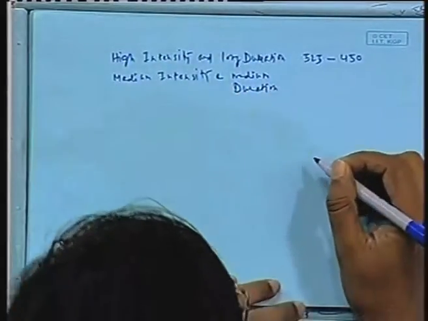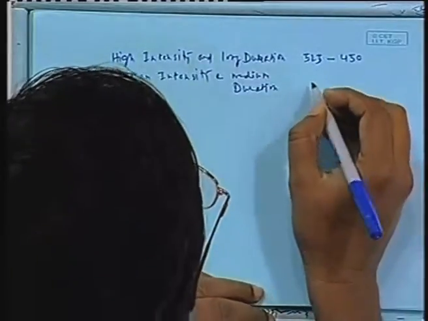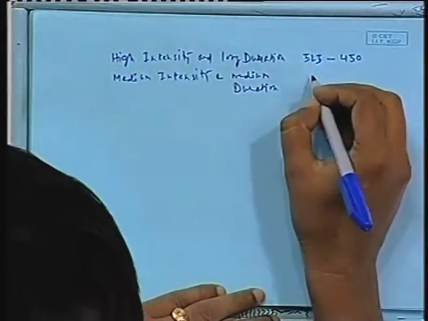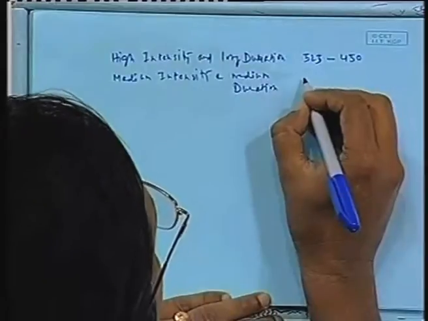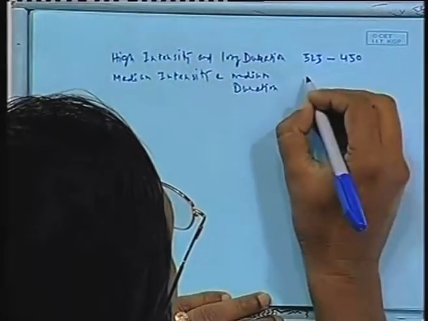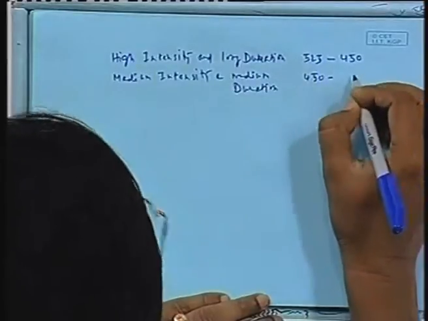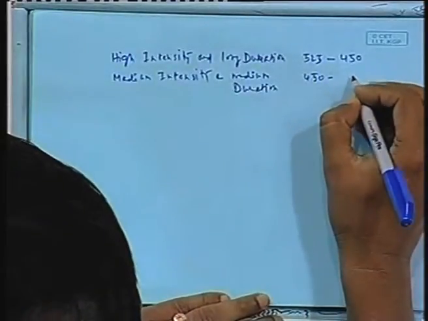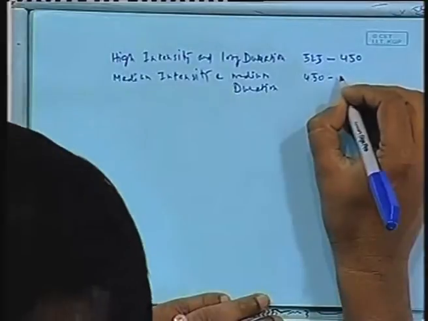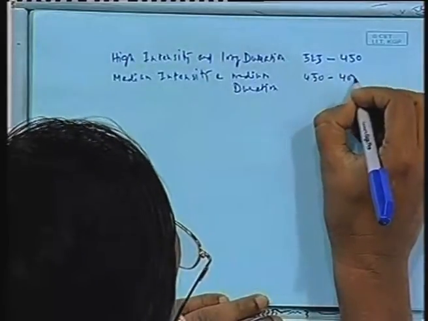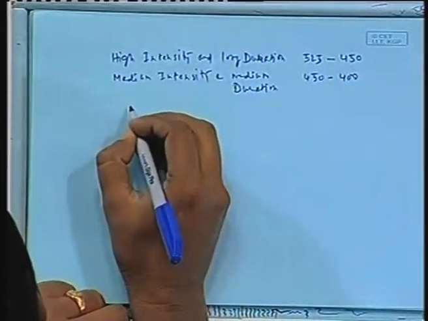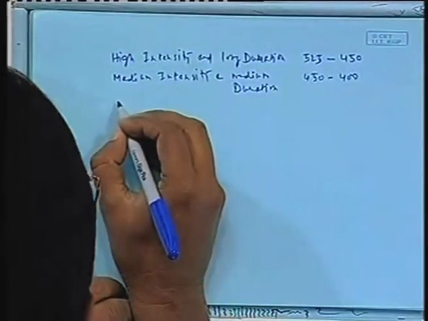For medium intensity and medium duration, the value would be between 450 and about 400. You see, it does not necessarily reduce in the same proportion.